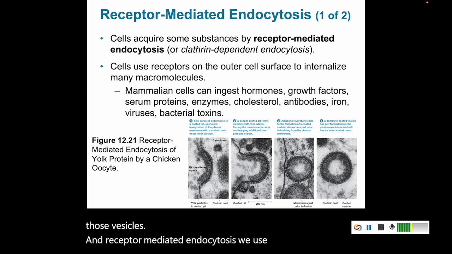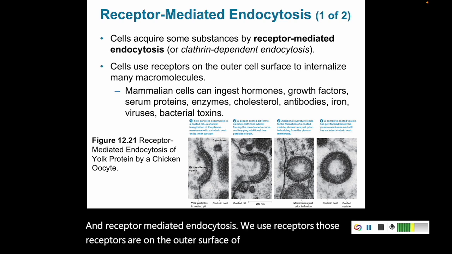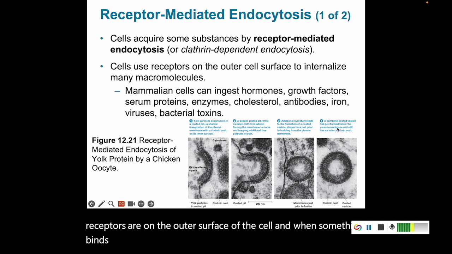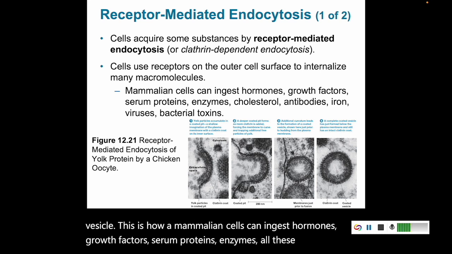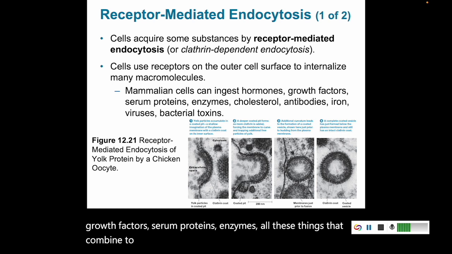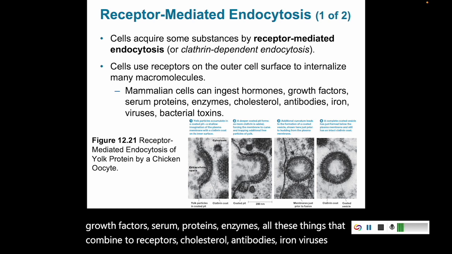Those receptors are on the outer surface of the cell, and when something binds to it, it triggers the cell to start to invaginate and form a vesicle. This is how mammalian cells can ingest hormones, growth factors, serum proteins, enzymes, all these things that can bind to receptors, cholesterol, antibodies, iron, viruses, and bacterial toxins.